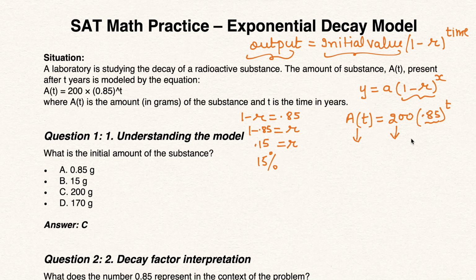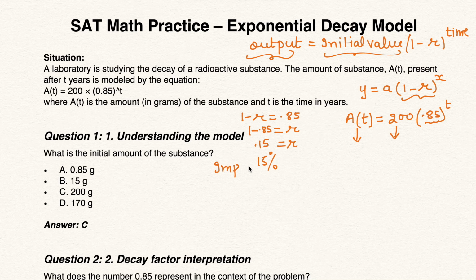So if it is written as decimal 0.85, don't say it's the decay rate. Use 1 minus r, which is actually this. So what is the rate of decay? Very important point, right? If we are in a stressful situation or a situation to perform, we forget certain things.